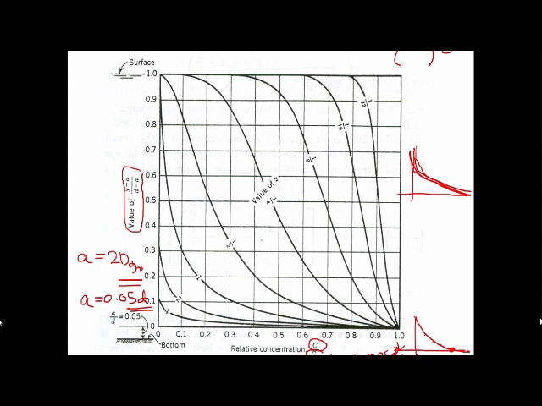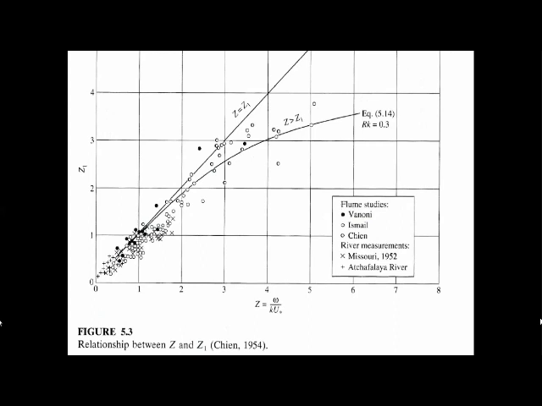And then in case your beta is lesser than 1, you can use this Ching diagram to determine the value of your Z1. So this is the line of your Rouse where Z is equal to Z1. And this is the line where your beta is lesser than 1, then your Z is greater than Z1.